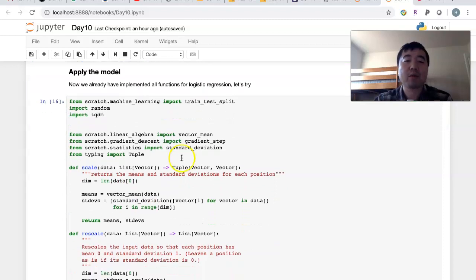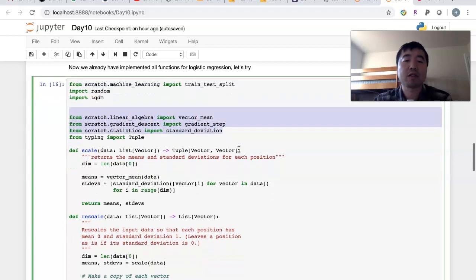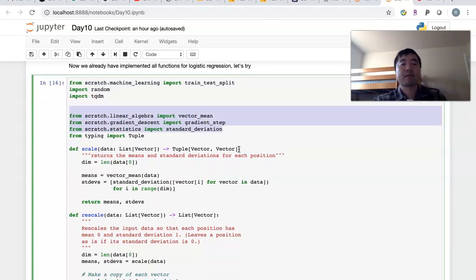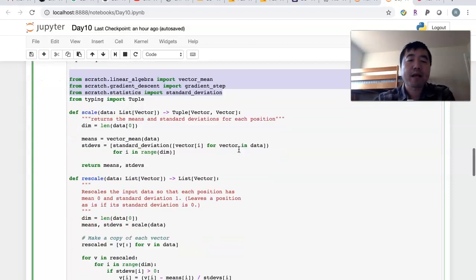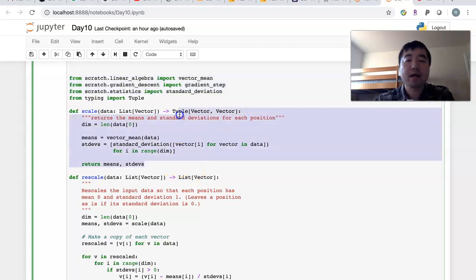Now we can apply the model. We first need to make sure you have the Scratch folder downloaded, and we also include several functions or libraries from the Scratch. Then there are some functions here that do the scaling. For each of the data points, we try to scale them so they have a similar mean and standard deviation.